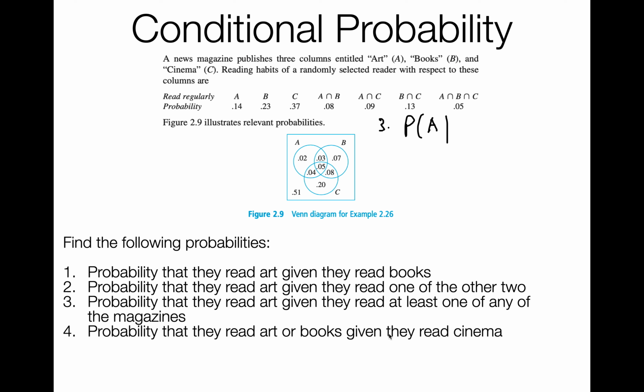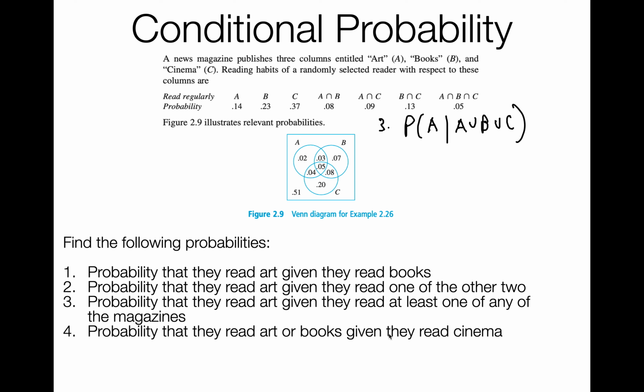That means they could read A, or they could read B, or they could read C, or they may read 2, or they may read 3. So A or B or C encapsulates at least one.